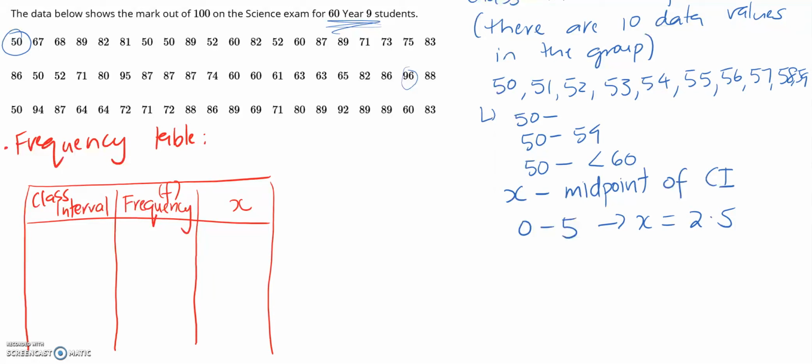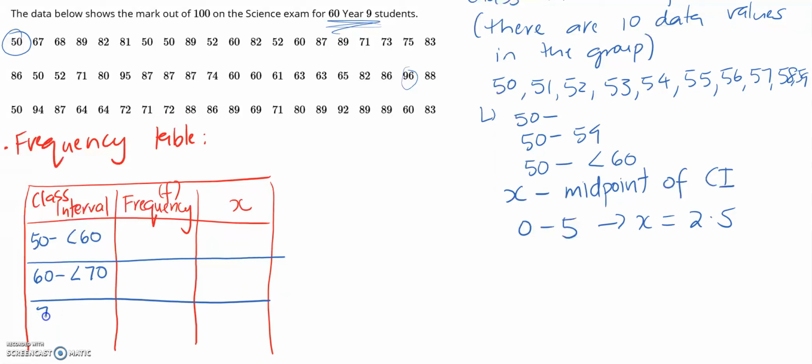So our first class interval is 50 to less than 60. I'm just going to do the class intervals first. The next one then starts at 60 to less than 70. Then we have 70 to less than 80.